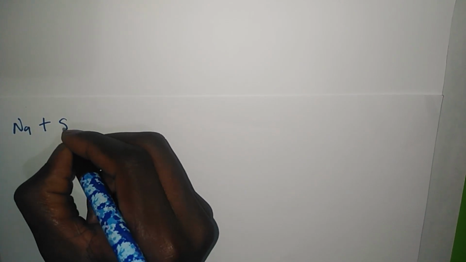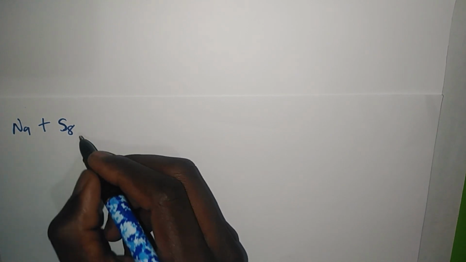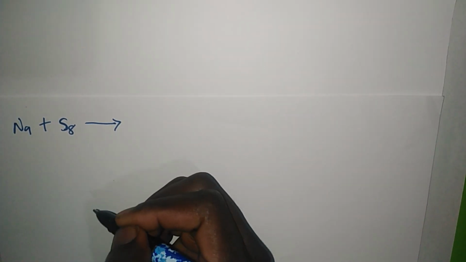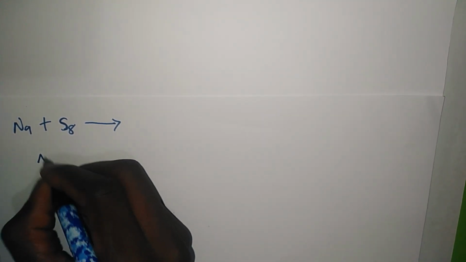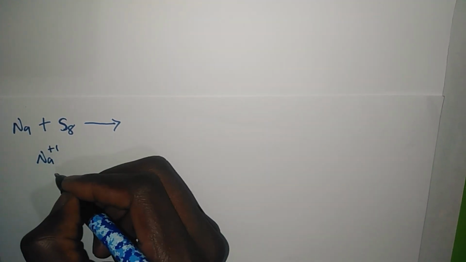So if, for instance, we have sodium reacting with sulfur, right? Sulfur. Now, how do we predict the product of this compound? To predict the product, we know that sodium is in group 1. Right? It's in group 1, so it has what? +1 charge.